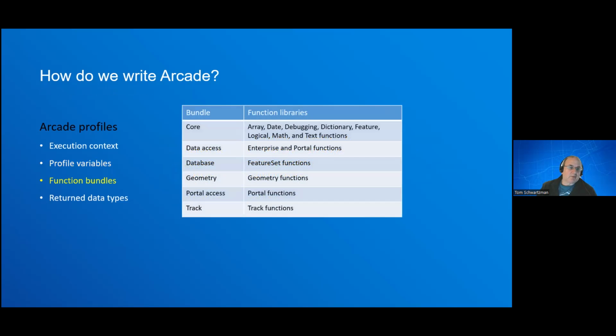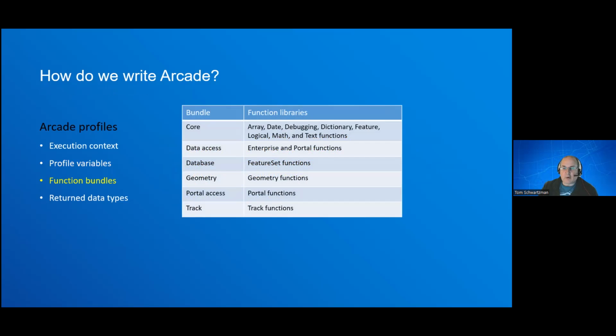We also bundle functionality into groups, and the different profiles say, I have access to the core, data access, and geometry bundles. Not so important; it becomes apparent when you're building your Arcade script what you have access to, because it shows you that.